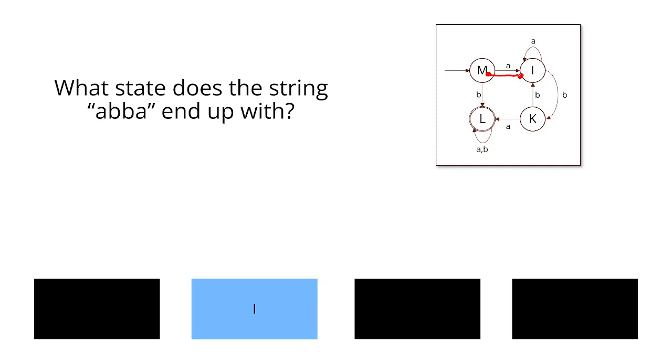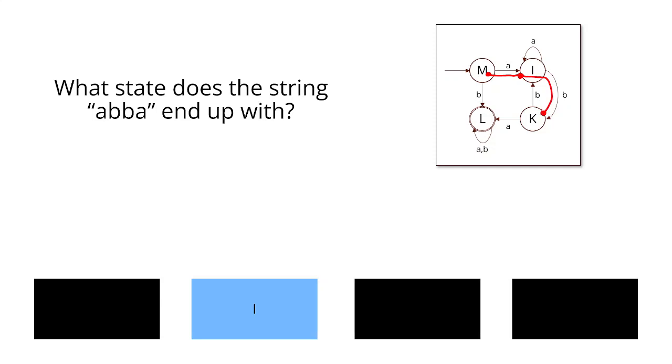Sa K. Kay tanawa ang arrow. Di ba? Naa may arrow from I to K, letter B ang iyang label. So pasabot ana nga if makakita kag letter B while in state I, mapadulong ka sa state K.